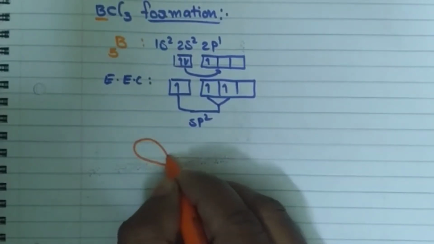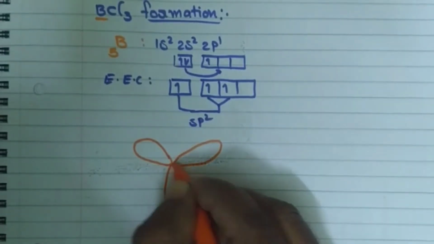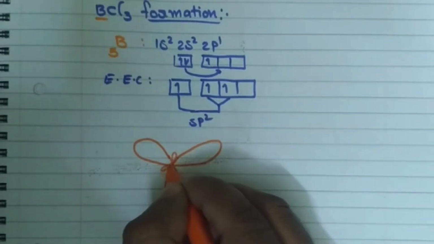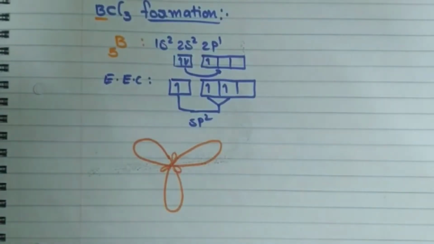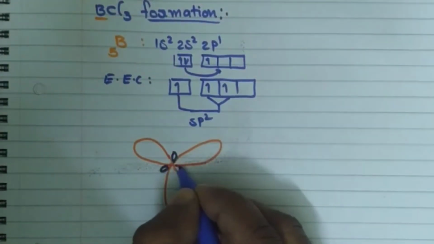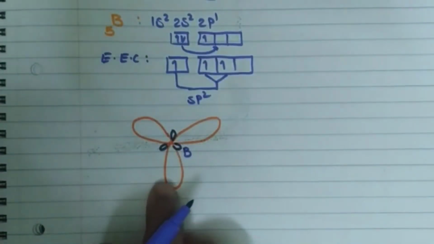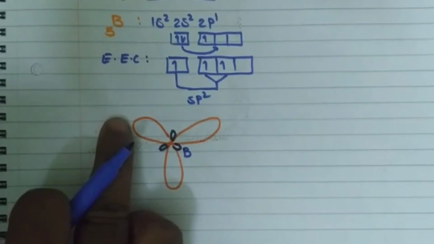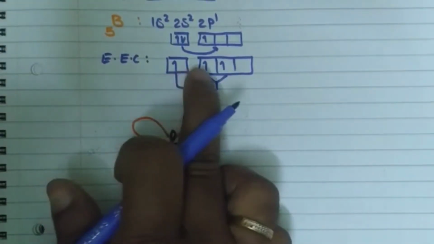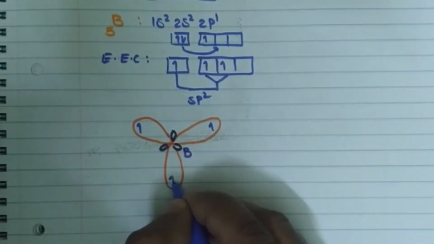You can draw it like this. In this boron atom there are 3 unpaired electrons, 1, 2, 3, indicated like this.